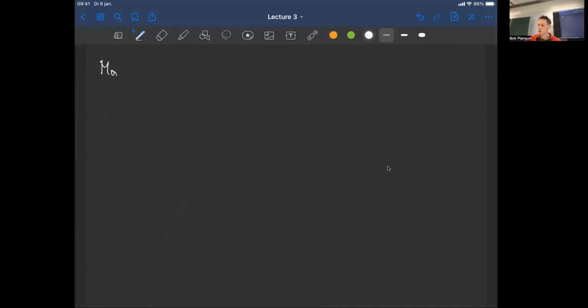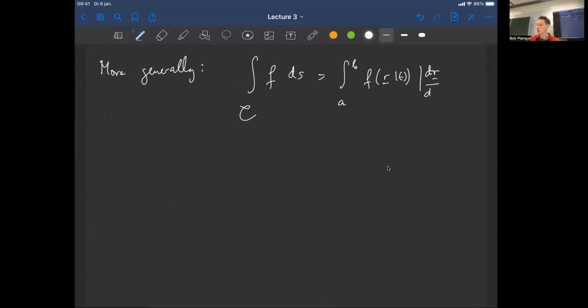So more generally, this line integral of f along this curve C is nothing but taking the density at some point r of t with my parameterization r, and taking into account the fact that I traverse this curve with possibly non-zero speed.